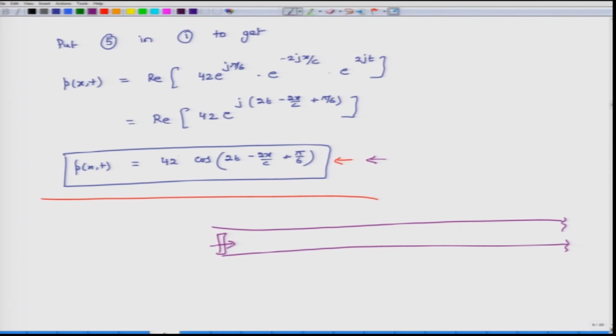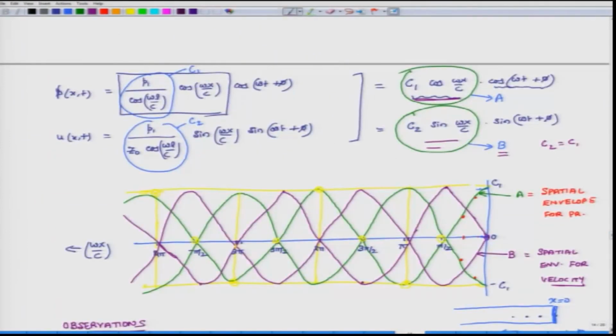Here the amplitude is 42 and it remains the same for all values of x and t. But in standing waves, the term in x and the term in t separate out, and the term in x is a cosine function of x. Because of this, the amplitude of the wave, designated by function a, or the amplitude of velocity waves, designated by function b, varies from position to position.